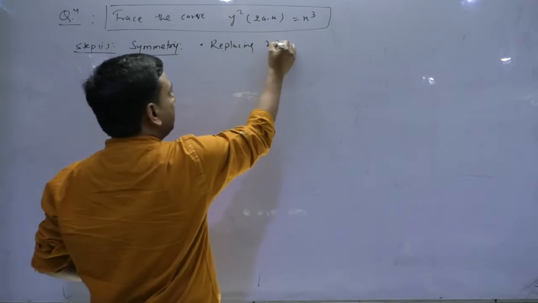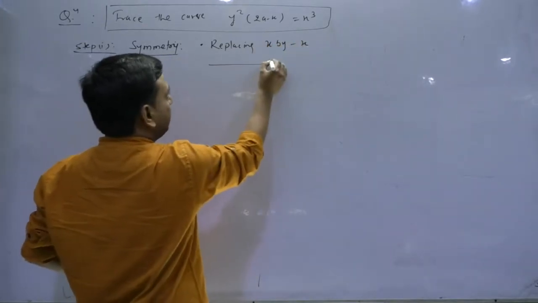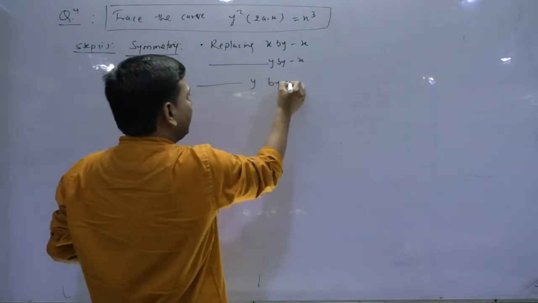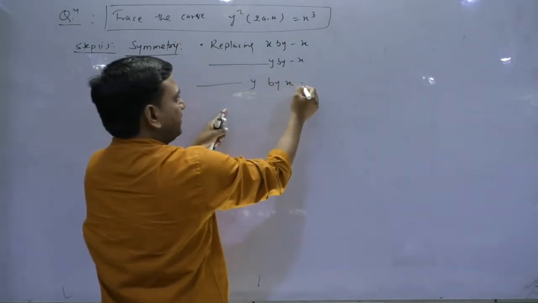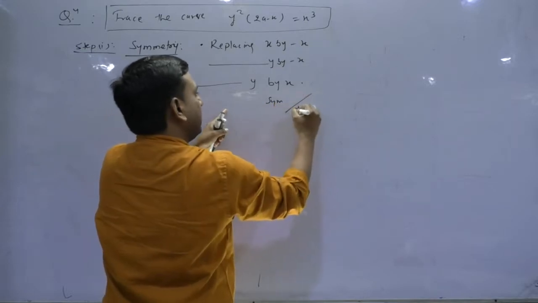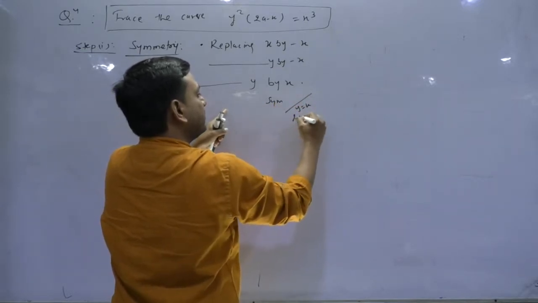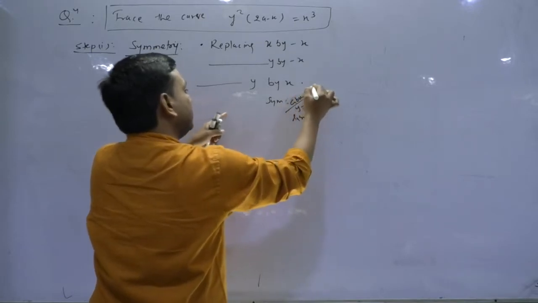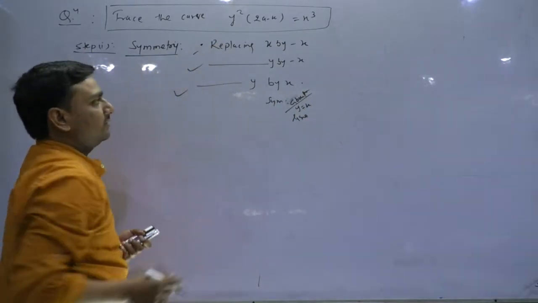So replacing x by minus x, replacing y by minus x. In other cases, y by x. If I talk about this, then symmetry will be about what? About the line y equals x. Getting it? This is a more general point.